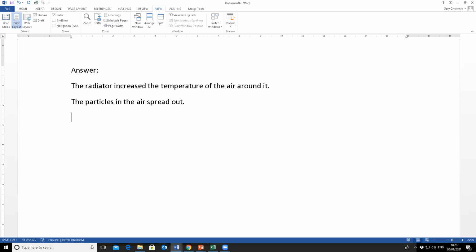The air becomes less dense. So the air rises up.